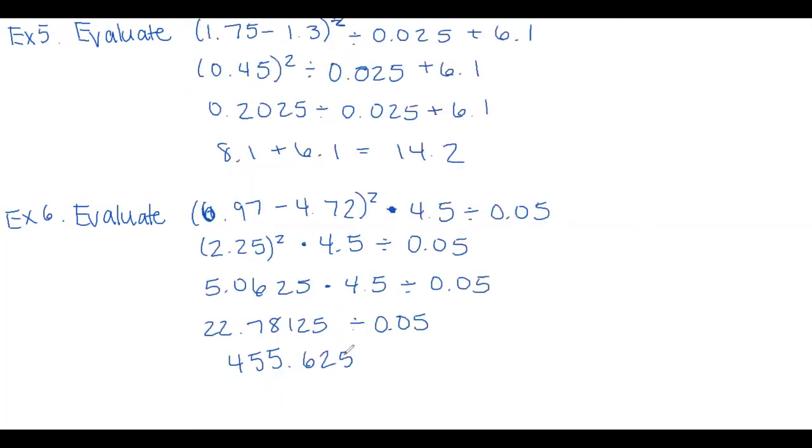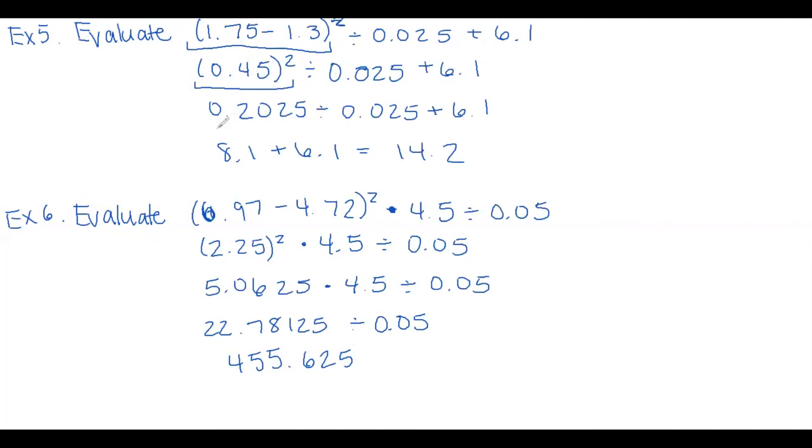All right, so for examples 5 and 6, we're going to quickly go over those. The first thing with example 5, we notice we have parentheses, so we have to do the parentheses first. Then we do our exponent, okay? So we do the subtraction first inside of our parentheses, then we square it.